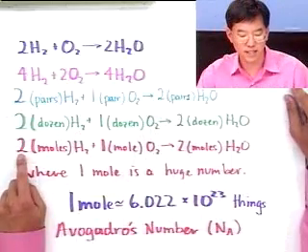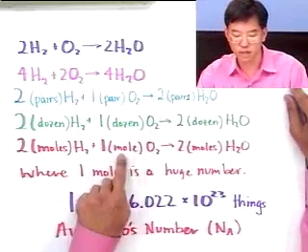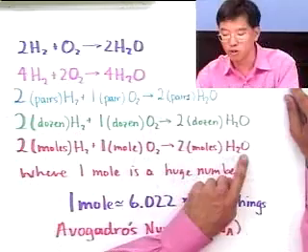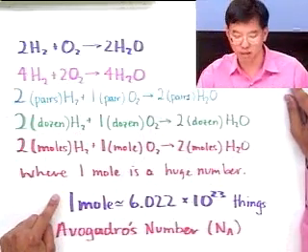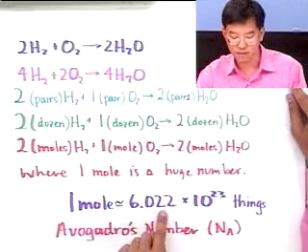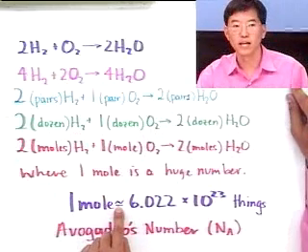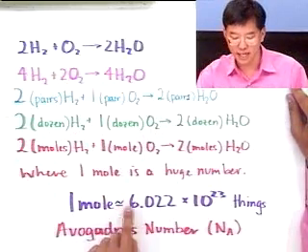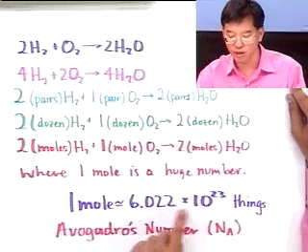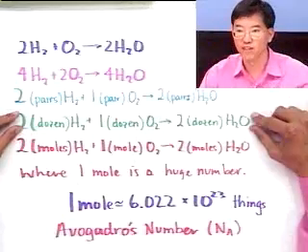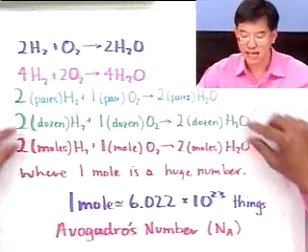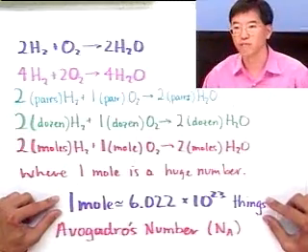We're going to write this as 2 moles of hydrogen molecules plus 1 mole of oxygen molecules goes to 2 moles of water molecules, where a mole just happens to be a really big number. Its value is approximately, that's what this little squiggly equal sign is, approximately 6.022 times 10 to the 23rd things. So a dozen is 12 things, a pair is 2 things, and a mole is 6.02 times 10 to the 23rd things.